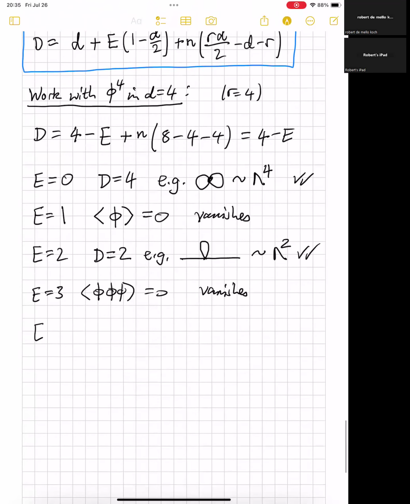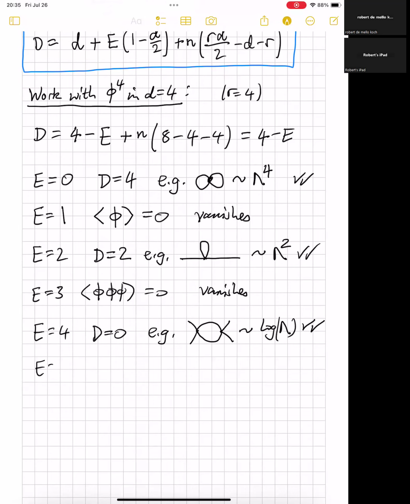When E is equal to 4, then D is equal to 0. An example of this would be this Feynman diagram. So there are 4 external lines, and this behaves like log lambda. We've already studied this one. So great, that makes sense.